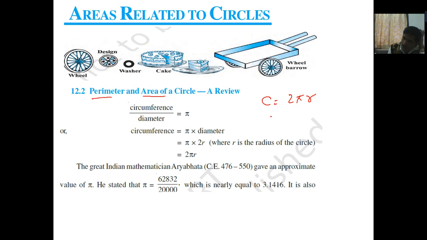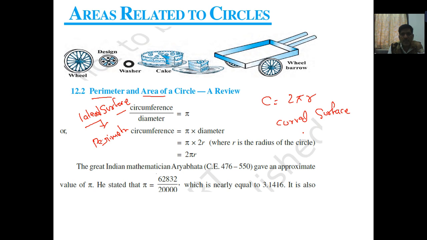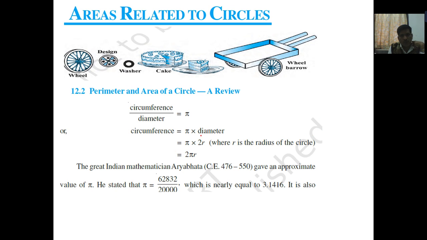Whenever there is a lateral surface, we can say it is perimeter, but for a curved surface we can say circumference. That is why in a circle we use the word circumference.